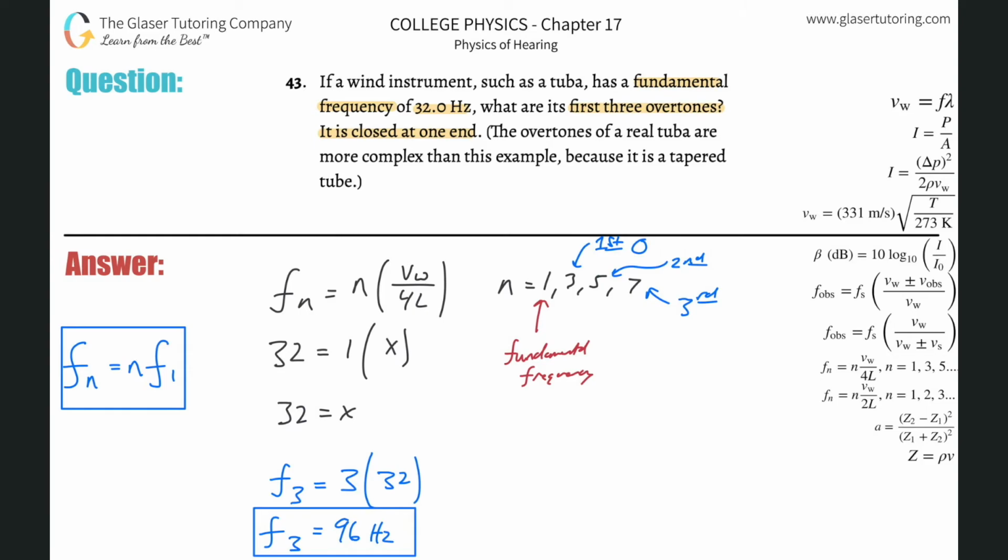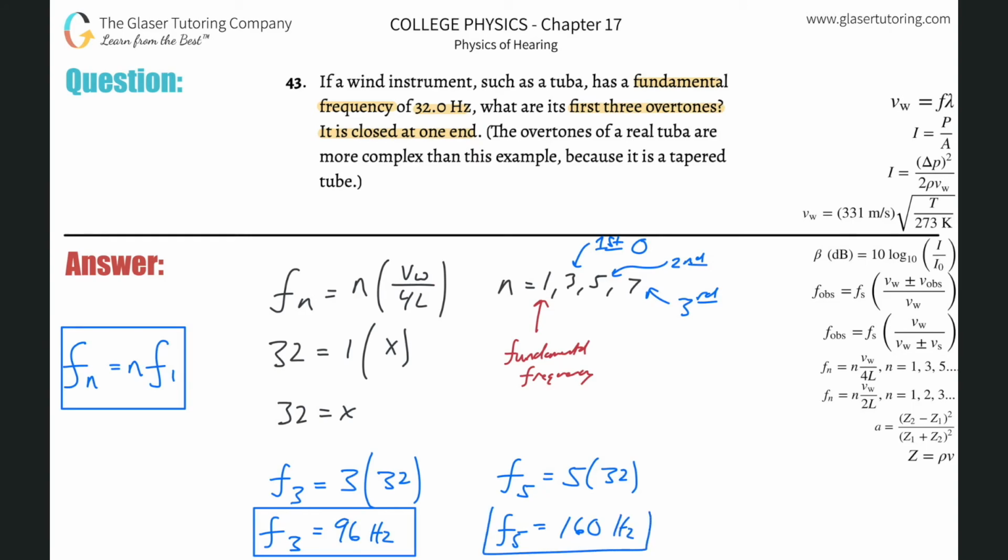So now if I want to find the second overtone, since it's a tube closed at one end, that's really the fifth harmonic. So the frequency of the fifth harmonic will be equal to 5 multiplied by that fundamental frequency of 32. So what does that work out to be? It looks like it's going to work out to be 160 Hertz. Great.